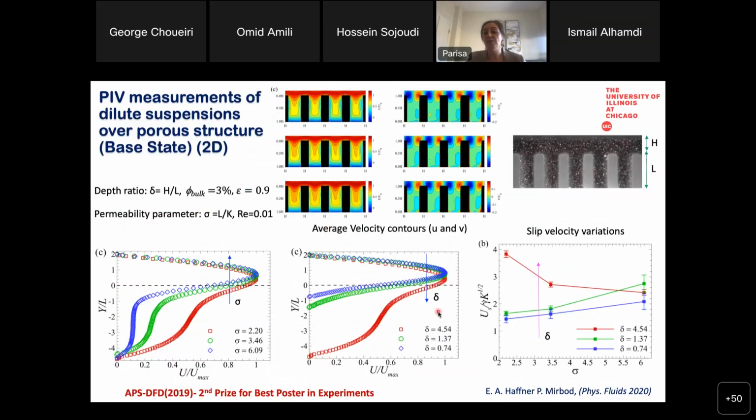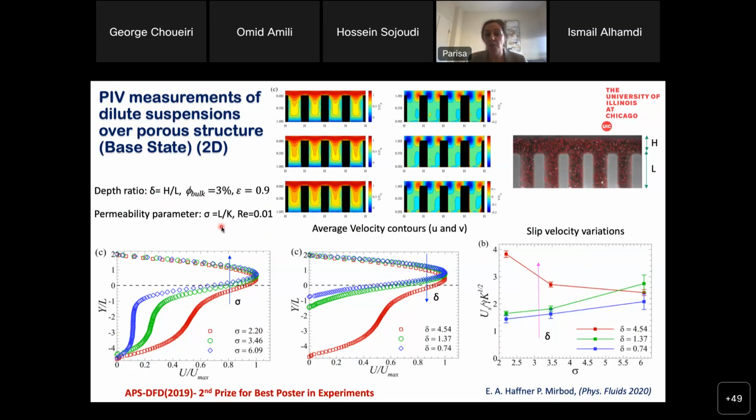We were also interested to consider different cases. So here, for example, delta is the depth ratio, which is H, the length of the free flow or free gap, to L, the thickness of the porous medium, and sigma, we call it the permeability parameter, is the length of the porous medium divided by its permeability.